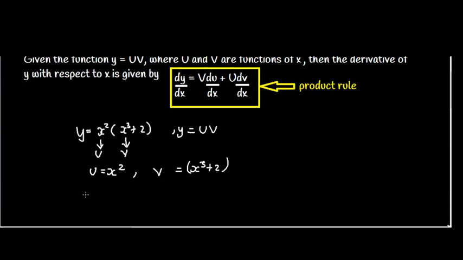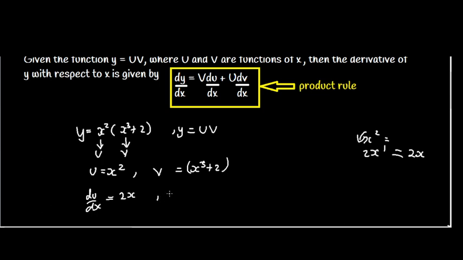We can use the power rule: we drop the power and subtract 1 from the previous power. Our function is x squared, so we drop the power to get 2, then x, and subtracting 1 from the power 2 leaves x to power 1. So du/dx is 2x.